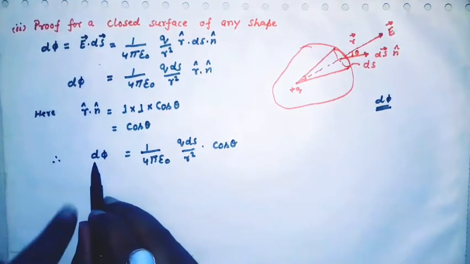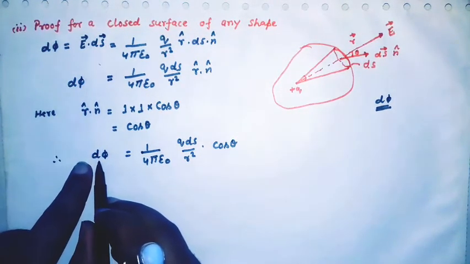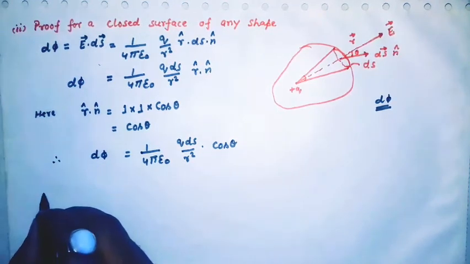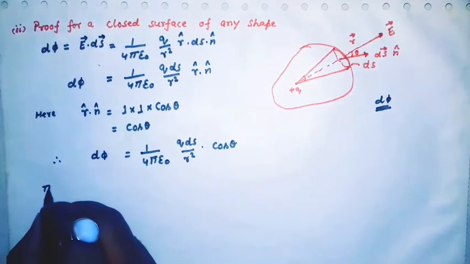Now let us integrate this d phi over the whole surface, so that we can get the total flux.